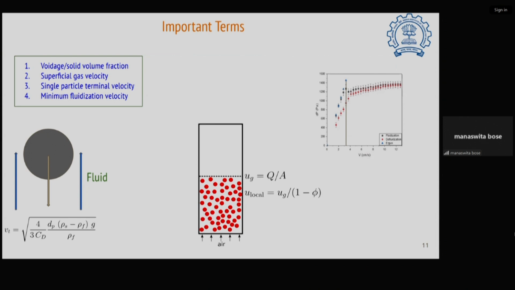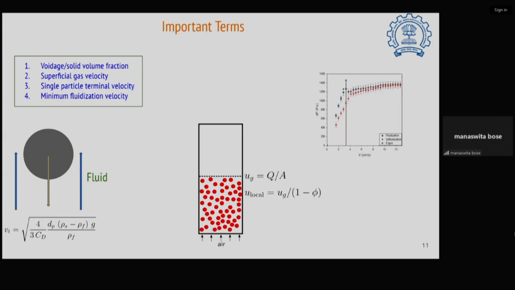Now, if we balance them, we get the single particle terminal velocity as the square root of 4/3 CD, where CD is the drag coefficient, into (rho s minus rho f) by rho f, into g d p. Okay, right? This is what we get as the single particle terminal velocity.